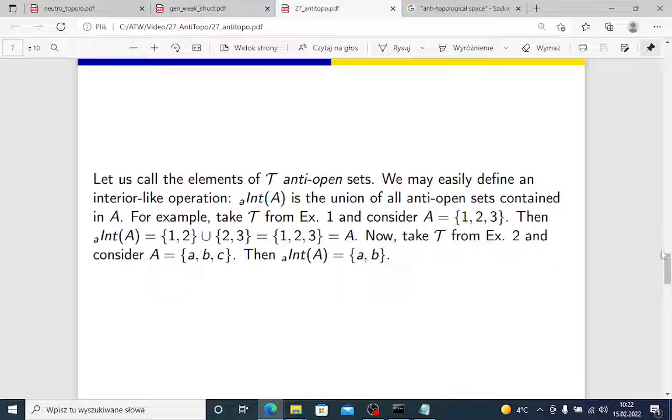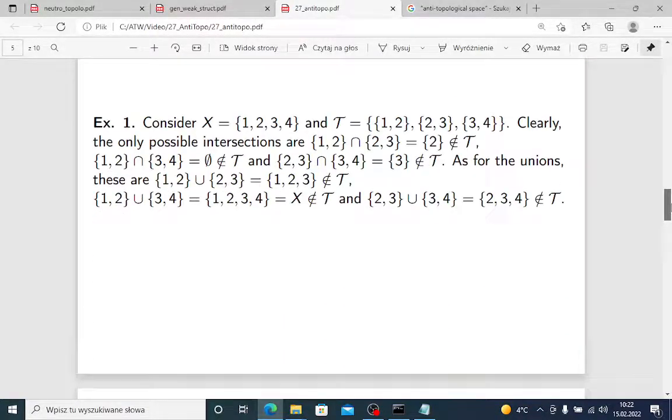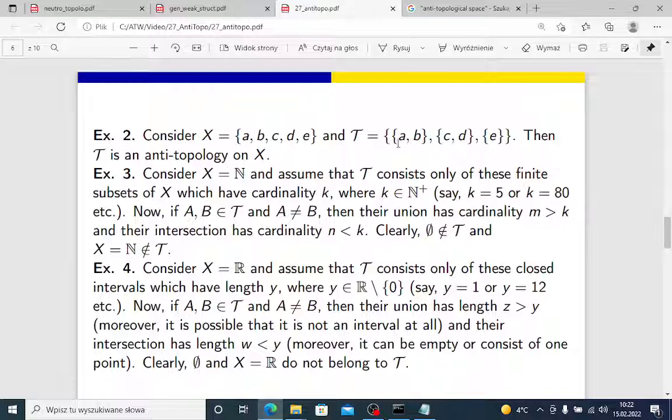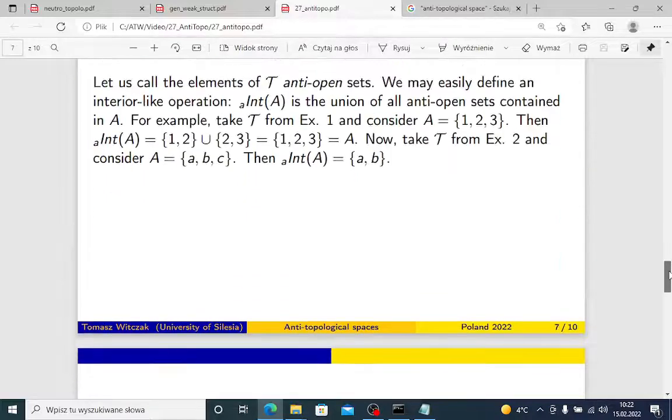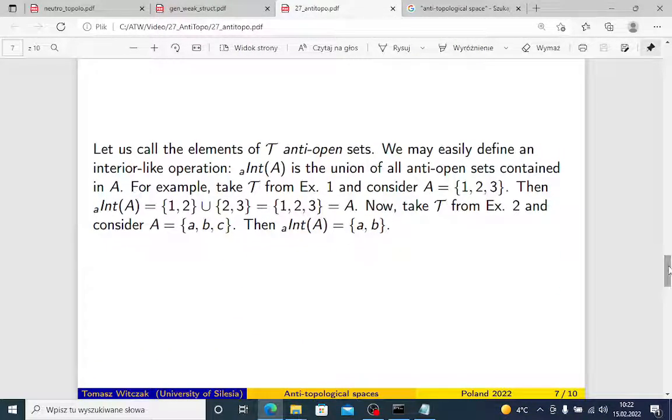Now take T from example 2, with {A, B, C, D, E}, and consider {A, B, C}. The union of all anti-open sets contained in ABC is just AB plus nothing, it's just AB.